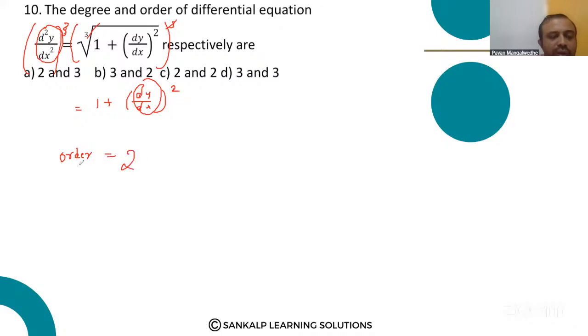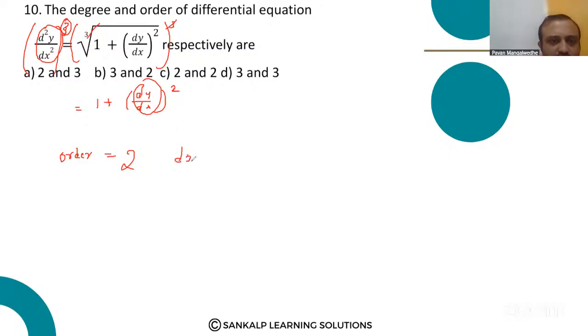Let me try to determine the degree of the equation. What is the degree? It is the highest power of the highest order derivative. The power of d square y by dx square is, you know, 3. And the power of dy by dx is 2. So therefore its degree will be the highest power of the second derivative, that is 3.